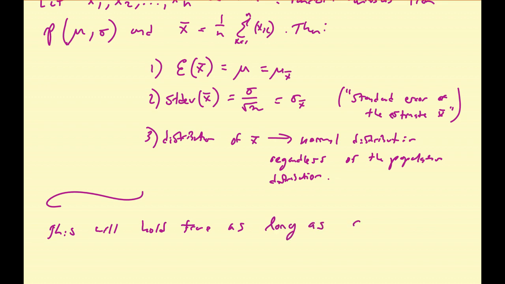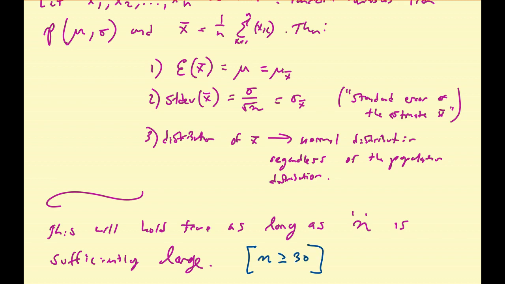Some books, or maybe you even learned this back in the day, use the rule that n must be bigger than or equal to 30. This rule is not one that should be trusted always, and I even recommend just forgetting it. Because if you have a population that is extremely skewed left or bimodal on the left and right tails of the distribution, then you may need an even larger sample size, maybe 50, maybe 100, maybe 1,000.